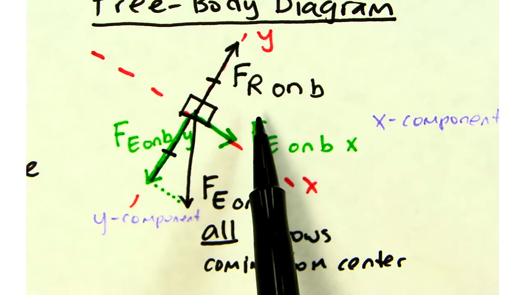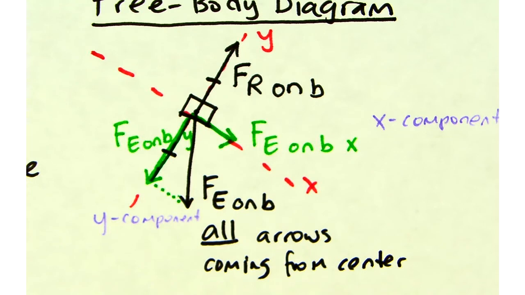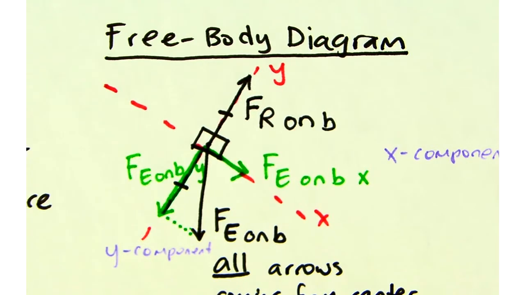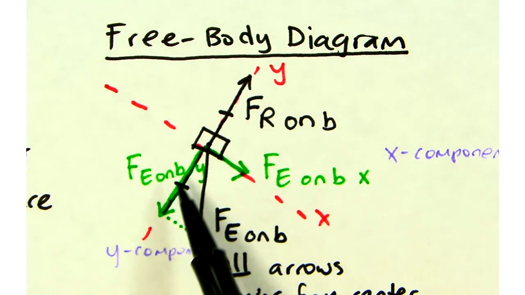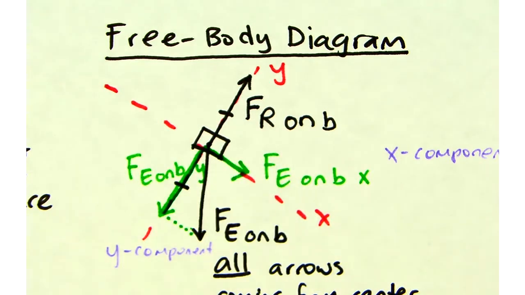Now, in our situation, if we go back, it says this box is sitting unmoved on an incline. So what that means is that I can't just have balanced forces in the y direction. I also have to have balanced forces in the x direction. So I'm going to come in with another force. And this one is a real force. I don't have to break it into vector components.